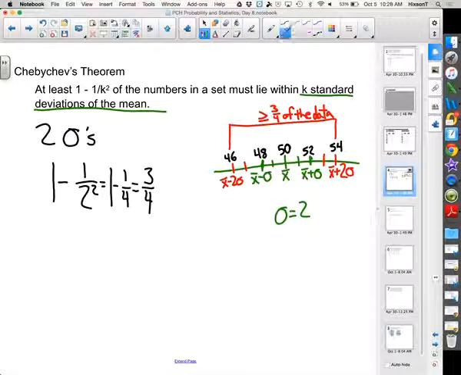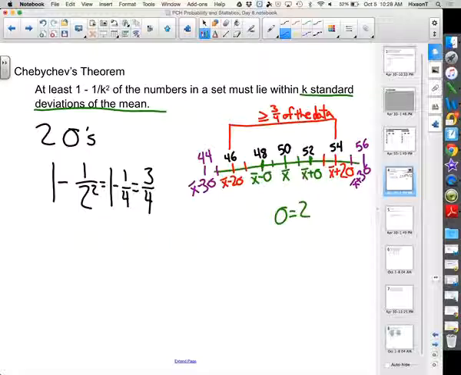If I went further and I looked at 3 standard deviations, so now I go up 2 more. I'm at x bar plus 3 standard deviations, which would be 56. And if I went down 2 more to x bar minus 3 standard deviations, I'd be at 44.